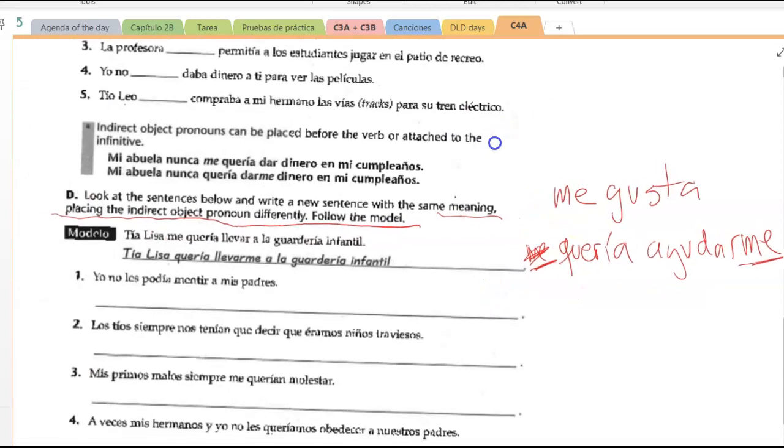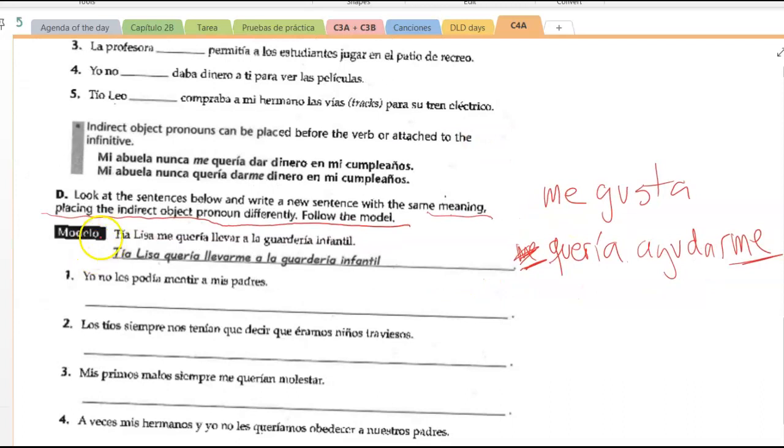So here we have examples like that. Look at the model. La tía Lisa me quería llevar a la guardería infantil. Answer. La tía Lisa quería llevarme a la guardería infantil. So what's the other way? The way that we started learning this.